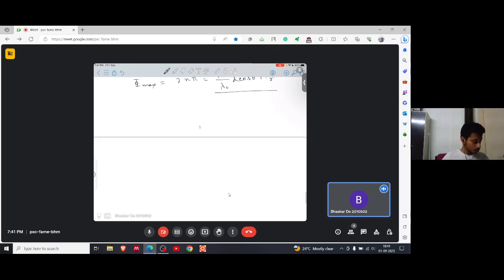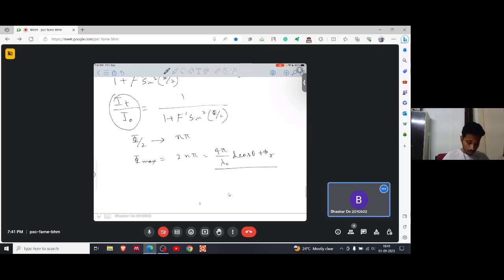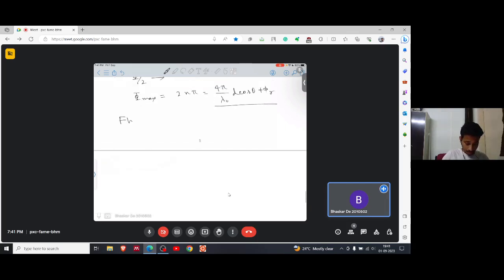Here one interesting thing we will find out, that is the FWHM. To obtain the FWHM we need to equate this to half. FWHM means full width at half maximum.